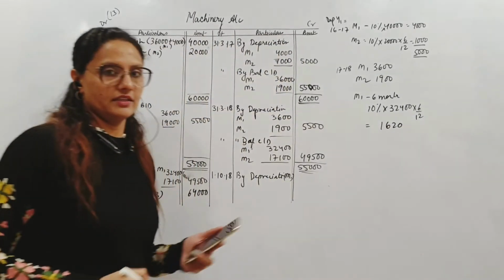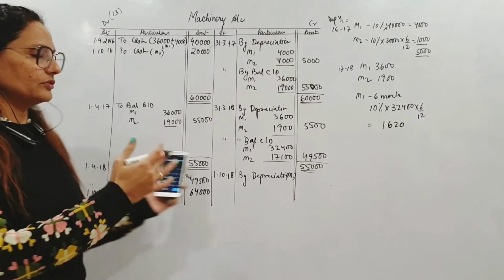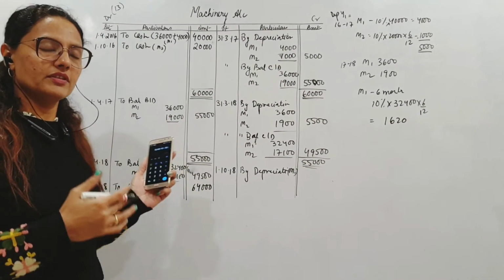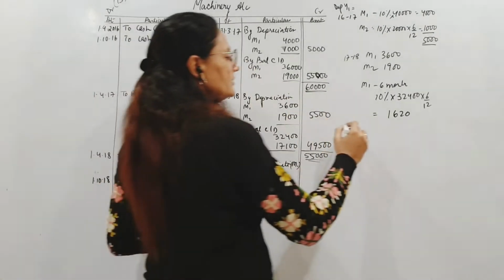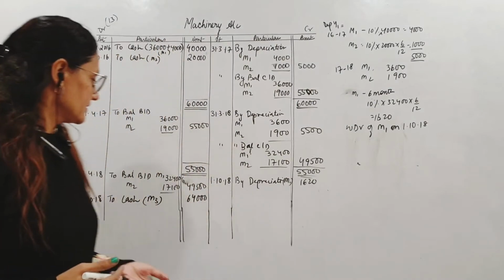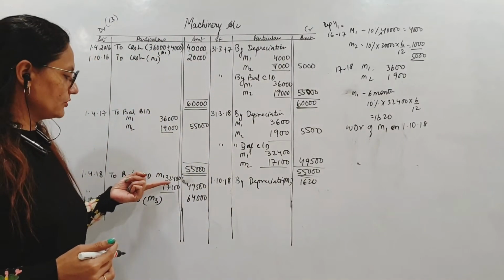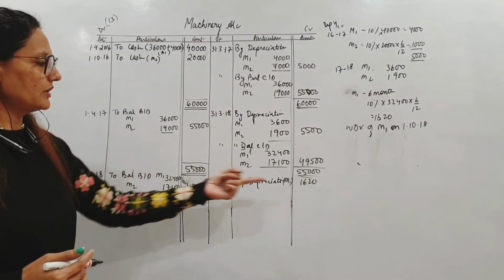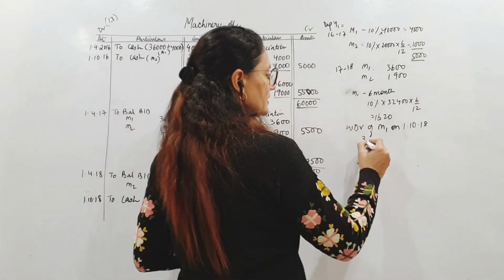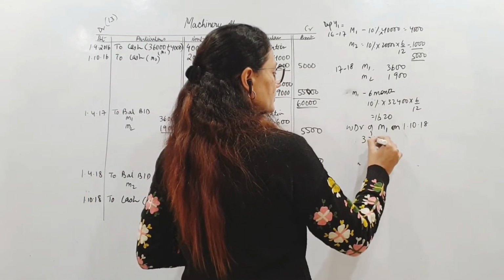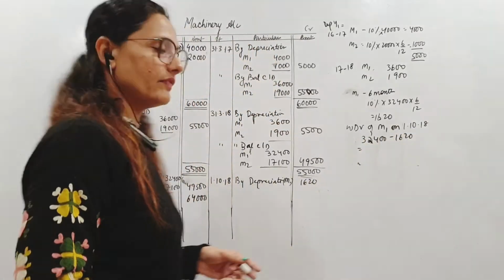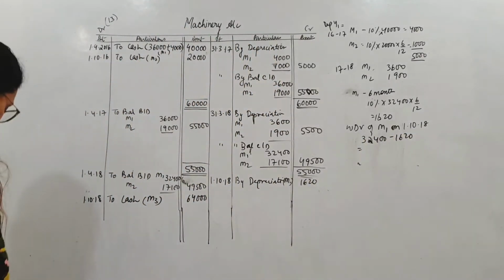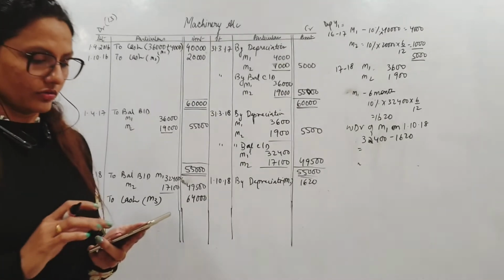1620 is the depreciation charge from 1st April to 1st of October, date of sale. So what is the written down value? Beginning 32,400 was the written down value. I am depreciating it 1620. 32,400 minus 1620 is the written down value of the asset on the date of sale, that is 1st of October.